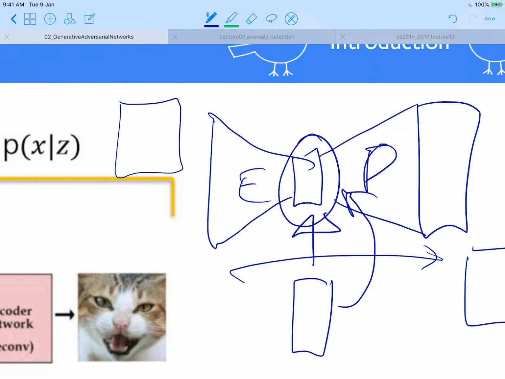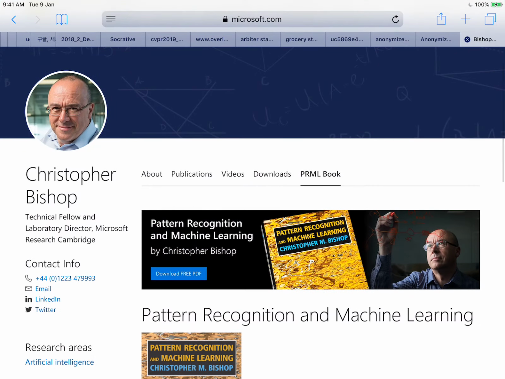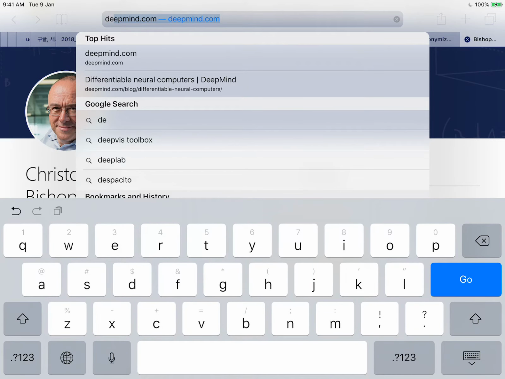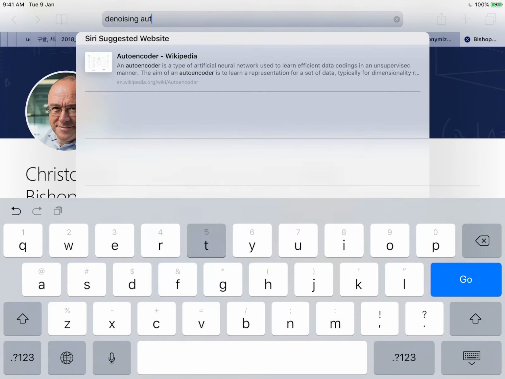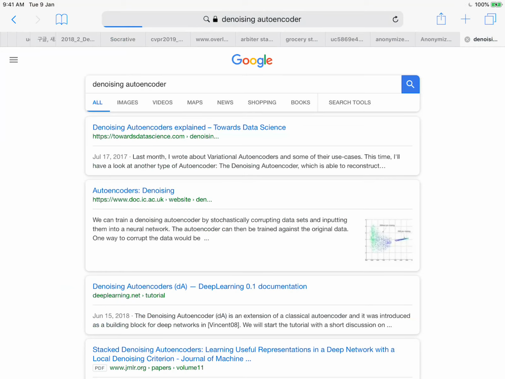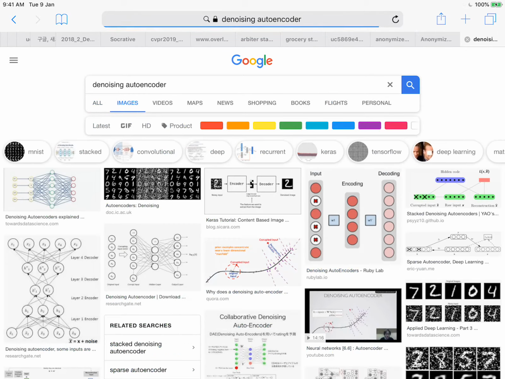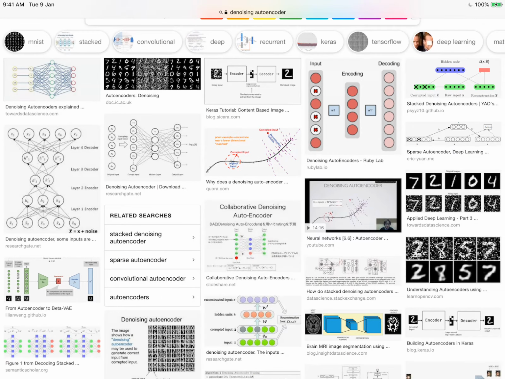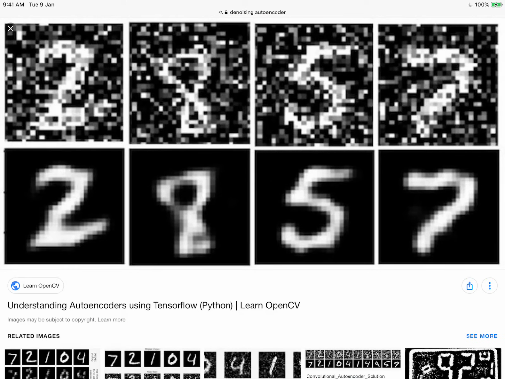But what is the input to this denoising autoencoder? Okay, so this is the input to the denoising autoencoder and the output.